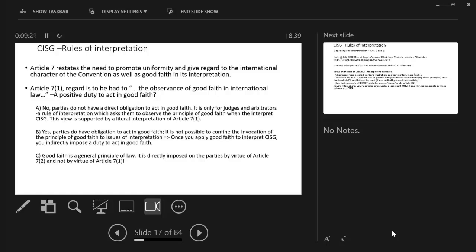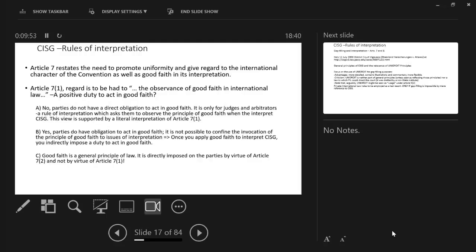There's certainly a large group which basically says that, yes, parties do have an obligation to act in good faith, and it's not possible to confine the invocation of the principle to issues of interpretation only. In other words, it's not just good faith interpretation, it's a general principle throughout the contract. Or, on the other side, parties do not have a direct obligation to act in good faith.